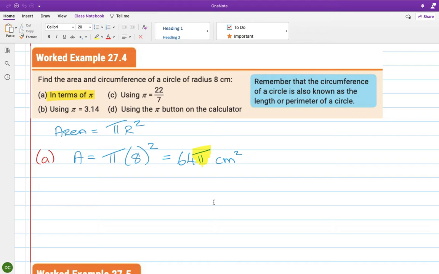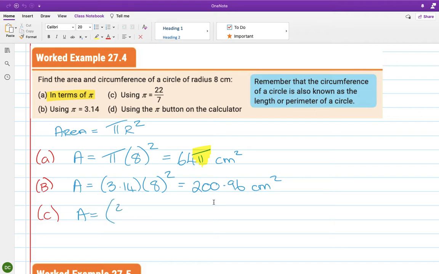B, they want us to use pi equals 3.14. So now it becomes 3.14 times 8 squared. Replace pi with 3.14. And when I type that into my calculator, I get 200.96 centimeters squared. The third one is using 22/7.